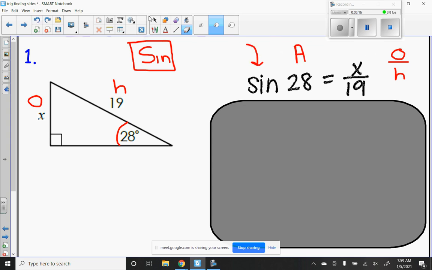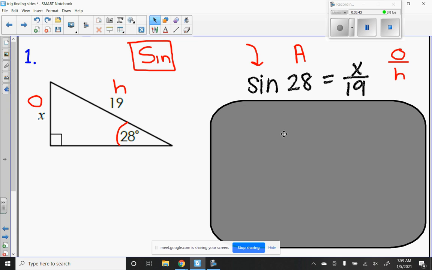So what do we do now? In your calculator, we have to put in sine 28. If you look at my screen, I put in sine 28. I'm not sure if you can see all that, but you're going to get a huge decimal.